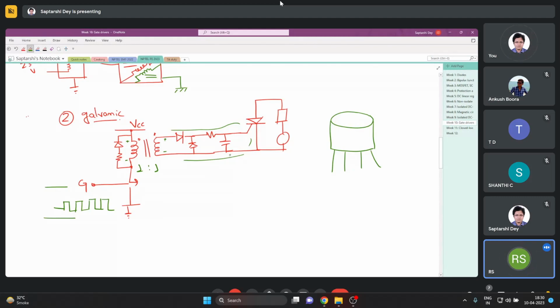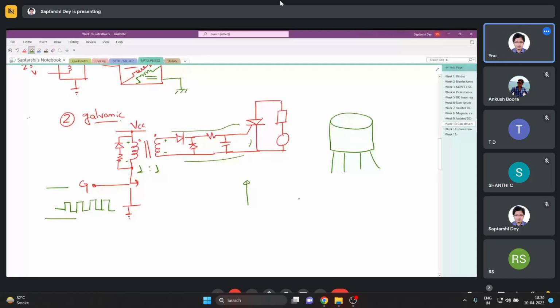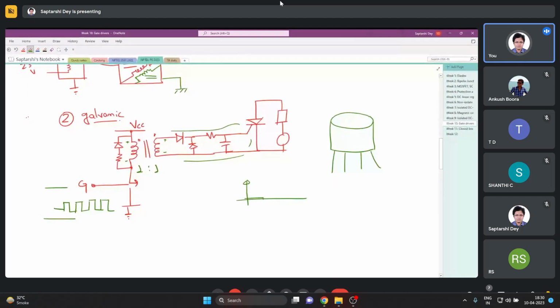Actually, one more thing that is important here is that for thyristors, we generally do not give a continuous gate current, unlike BJTs or MOSFETs.